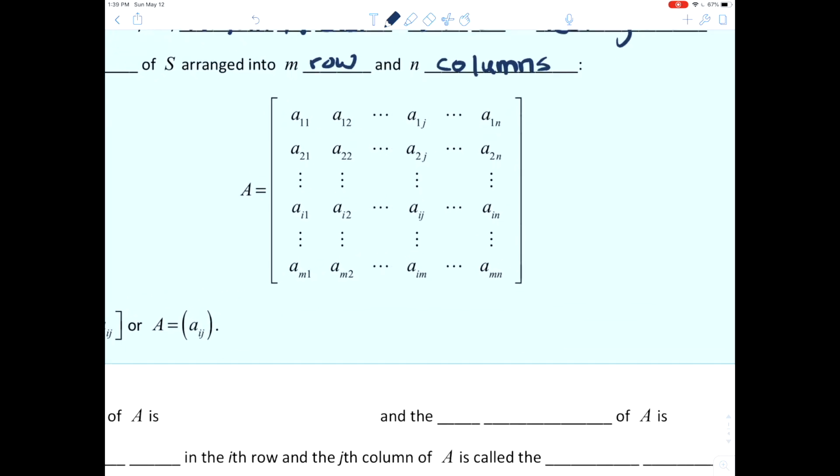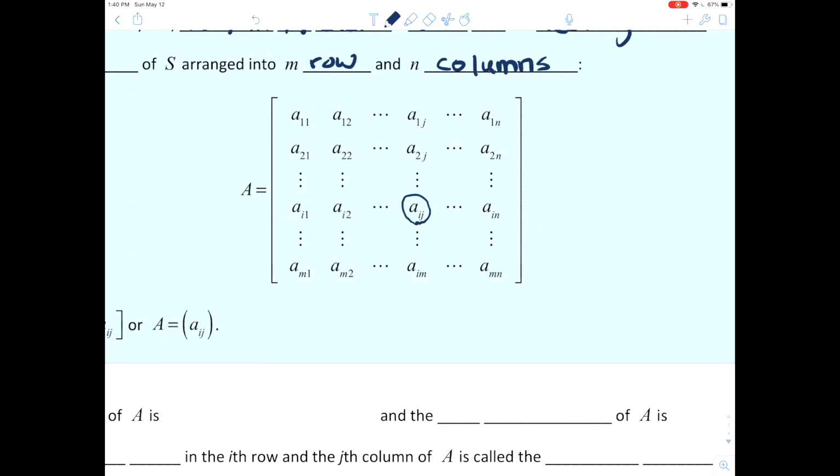I know it looks pretty scary, but basically, if you go to just the general a_ij, the common way to name an entry in a matrix is the lowercase letter of what the matrix is named.